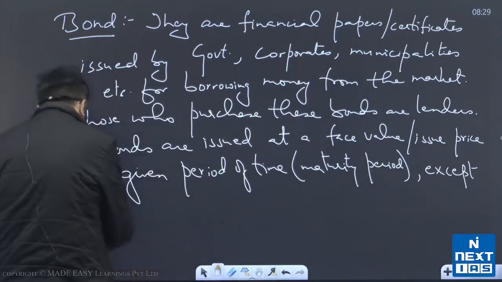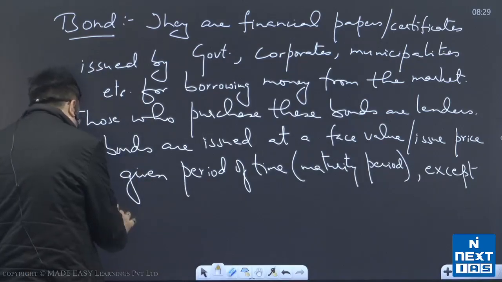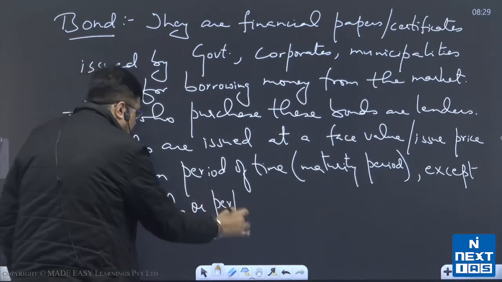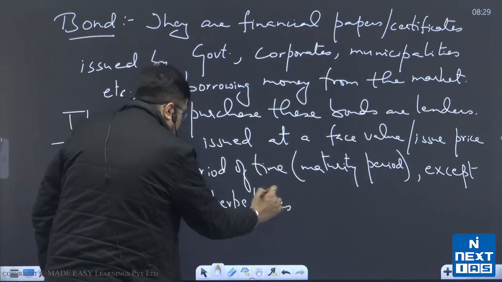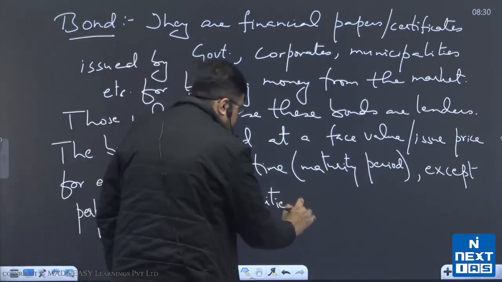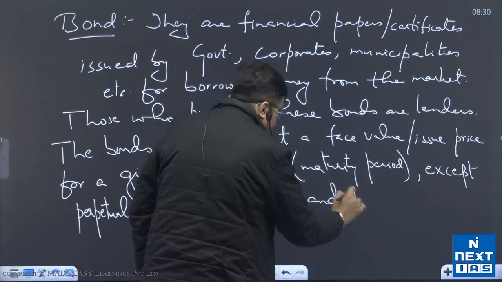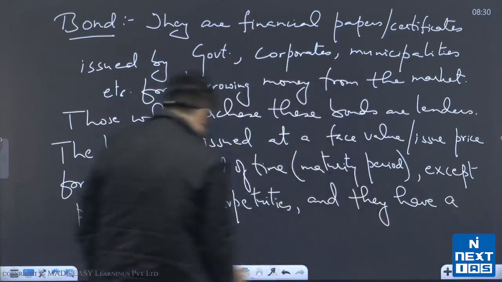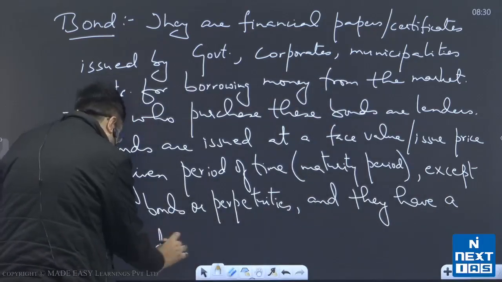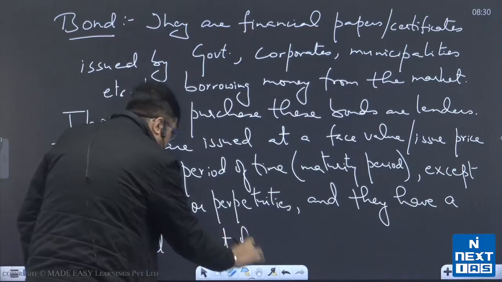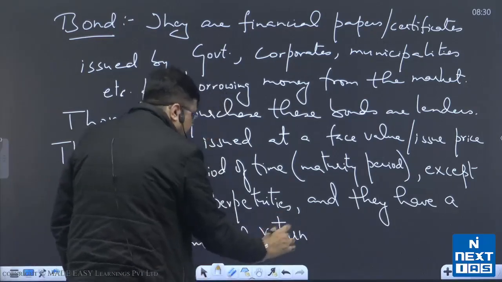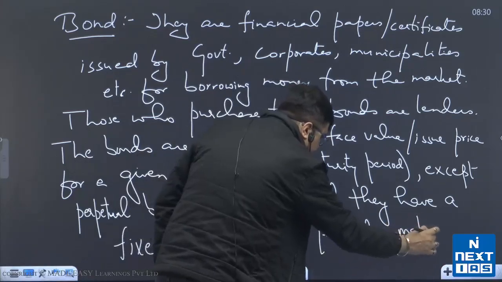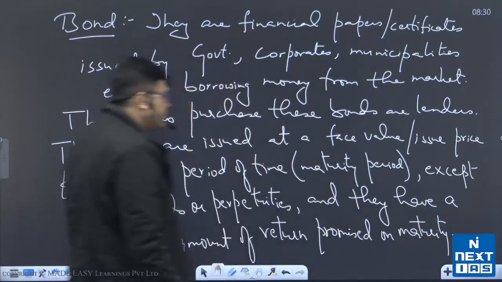Except perpetual bonds or perpetuities, and they have a fixed amount of return promised on maturity.